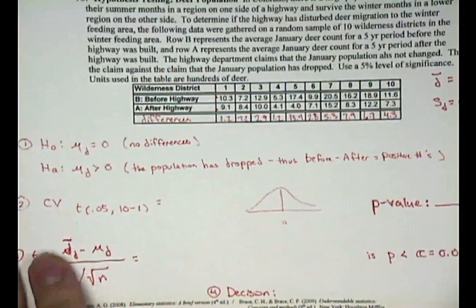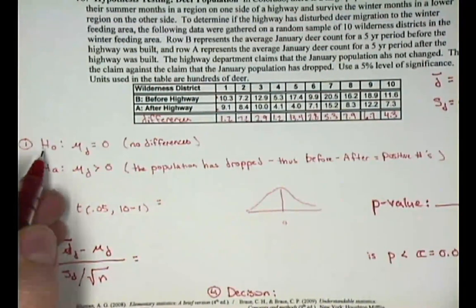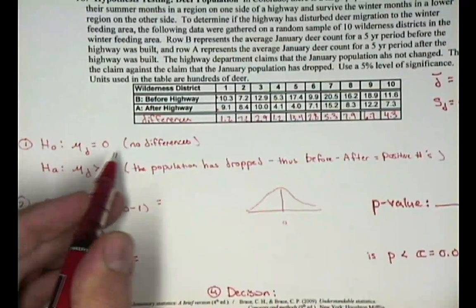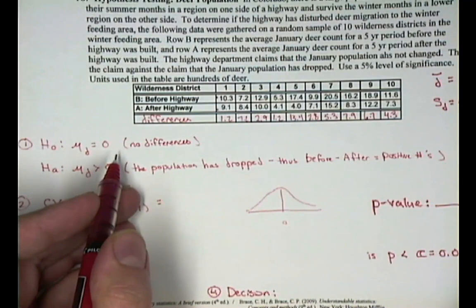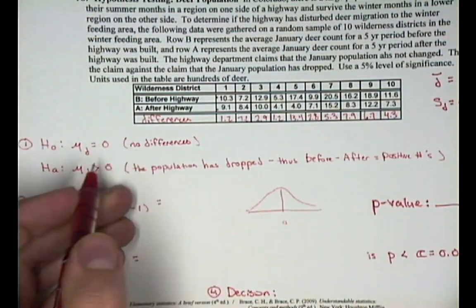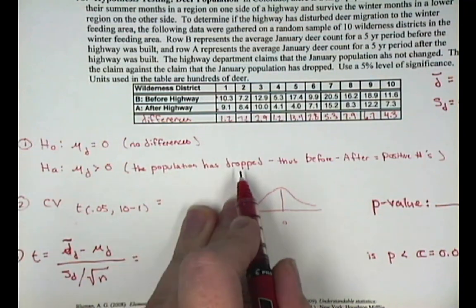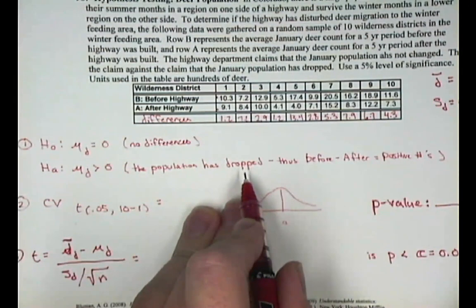Now we need to set up our hypotheses. H0 will always be about the differences. The mean of the differences is 0, meaning there is no difference before the highway and after the highway. The alternative: they want us to test if the population has dropped, but we have to think about what that means because it's very confusing and deceiving.